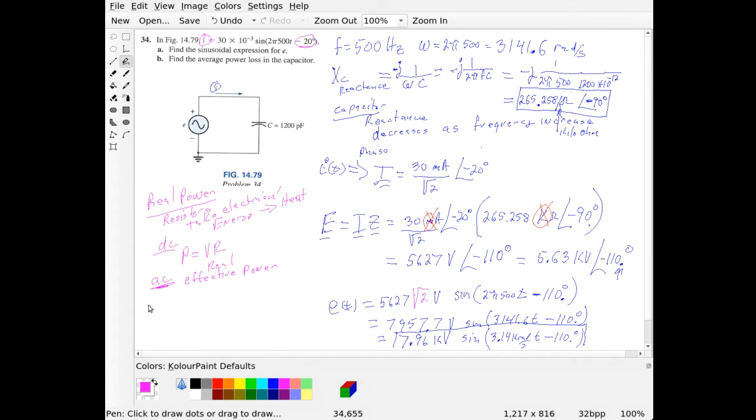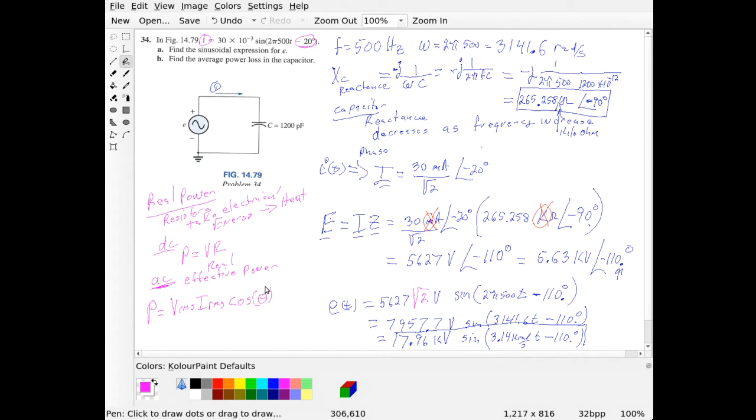So to calculate power in an AC circuit, the first thing is we have to use the RMS values. So we do voltage RMS times current RMS, but remember, these things are out of phase, so we have to track the phase shift.